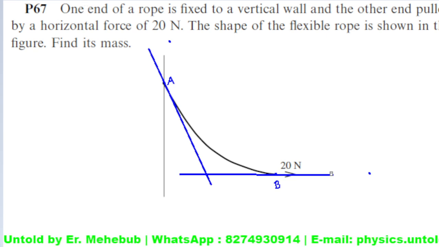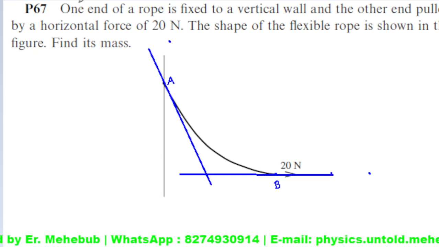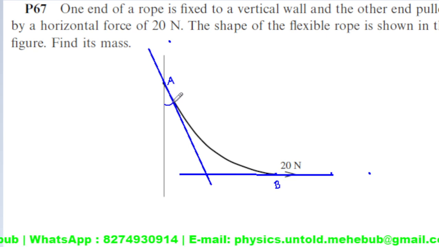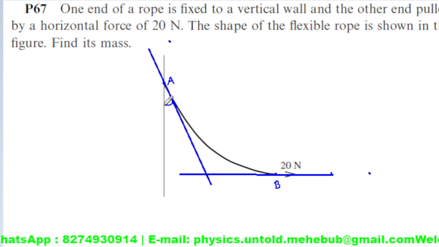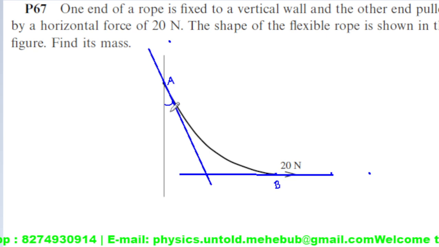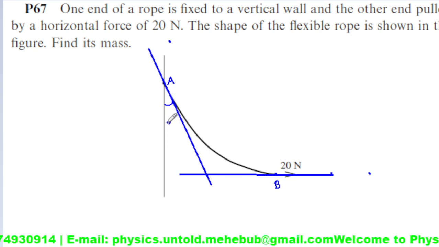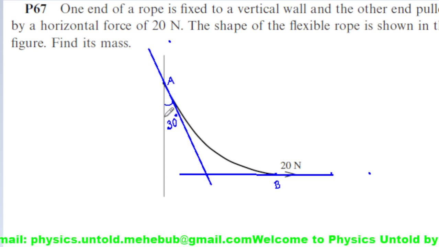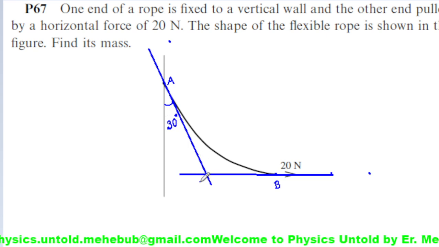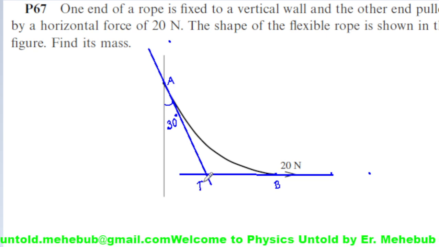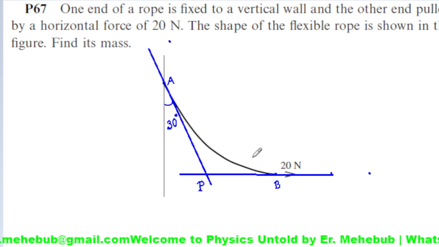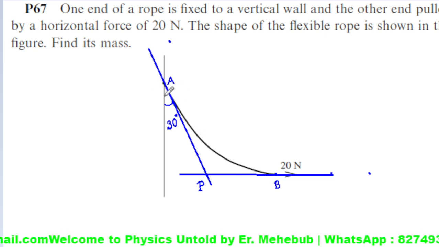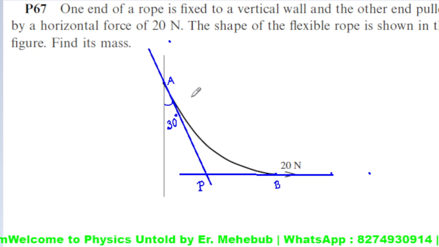So if we use the diagram as the source of information and measure this angle with a protractor, we can measure this angle as 30 degrees. Let these two tangents meet at the point P, the point of intersection of the tangents at the two ends of the rope, and this angle is equal to 30 degrees.